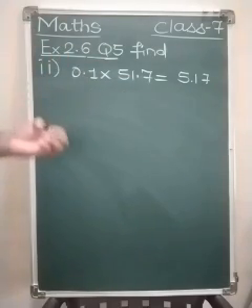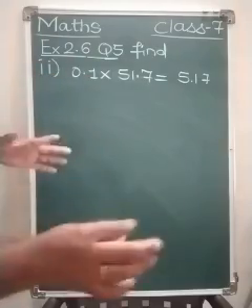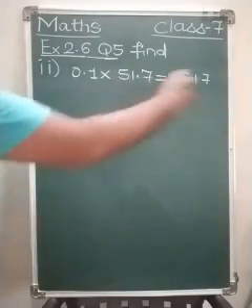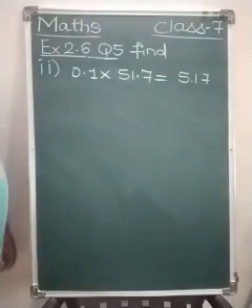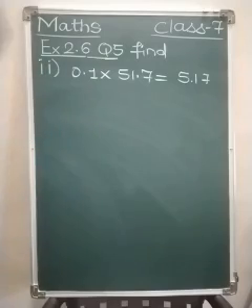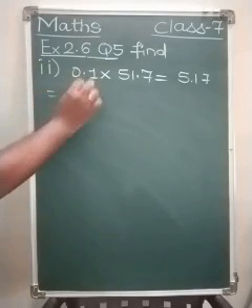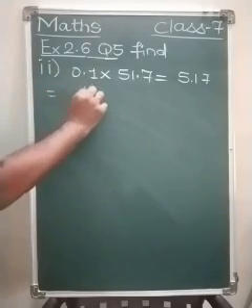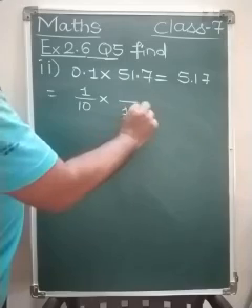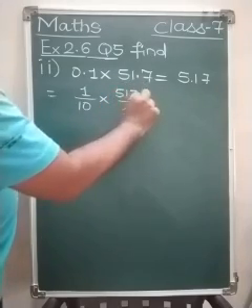But let us find out in our easy way. Now again, if this question has been asked in fill in the blanks, you can directly write the answer. But if it is asked in the question for 2 marks, then you will have to show the steps. Okay, so let us start. Again, after decimal point 1 place, so 1 upon 10 multiplied by again 1 place, so 10, and this would be 517.